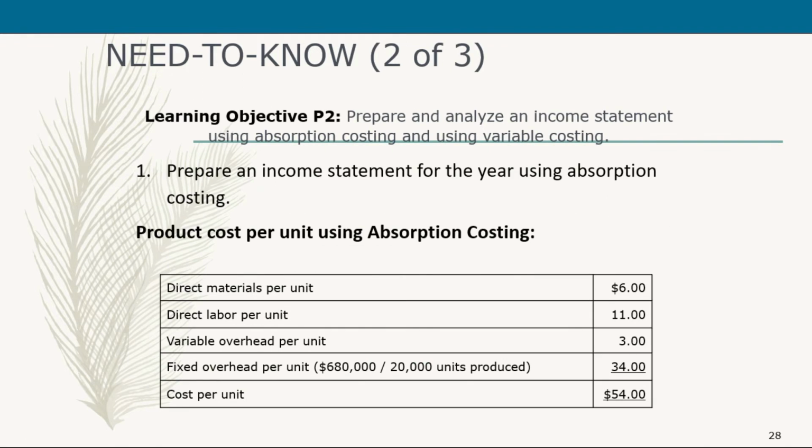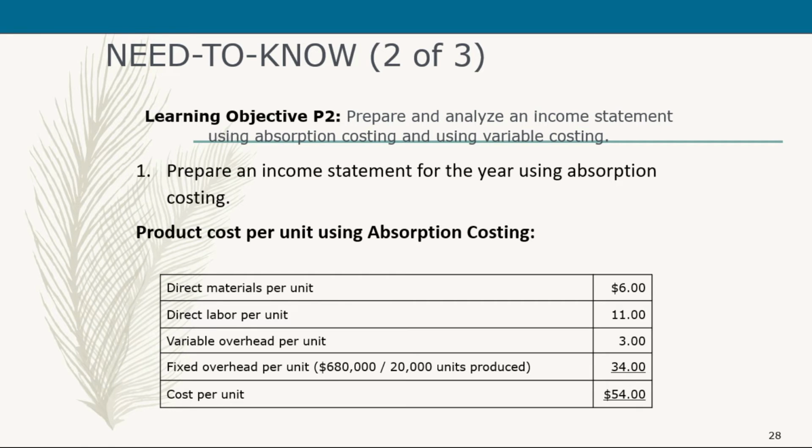So the requirement here is that we need to prepare an income statement for the year using absorption costing. Before we can prepare your income statement under absorption costing, we need first to compute the product cost per unit under absorption costing.